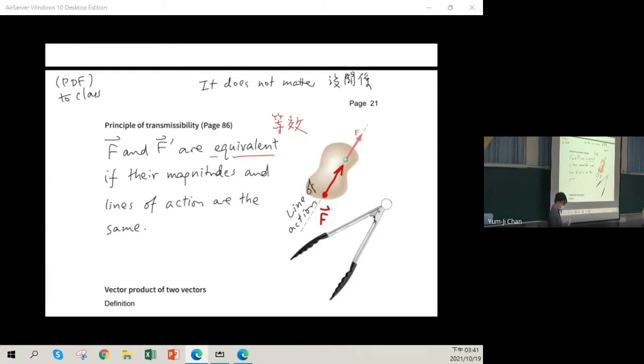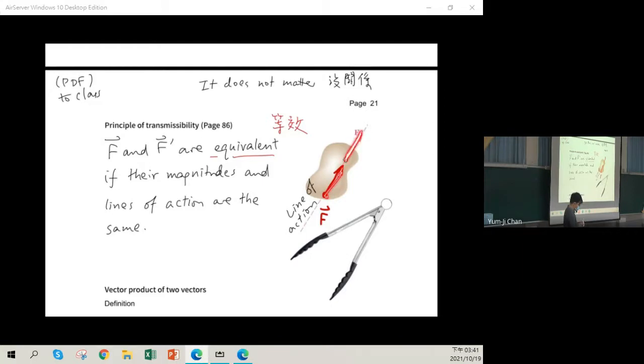This rule means if we move the force backward or move the force forward, it has the same effect. It does not matter.